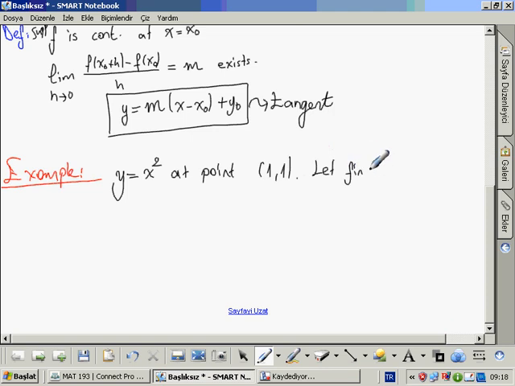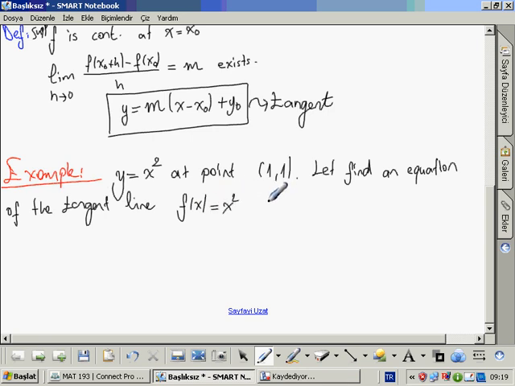Let's find an equation of the tangent line. f of x equals x squared, x0 equals 1, y0 equals 1.